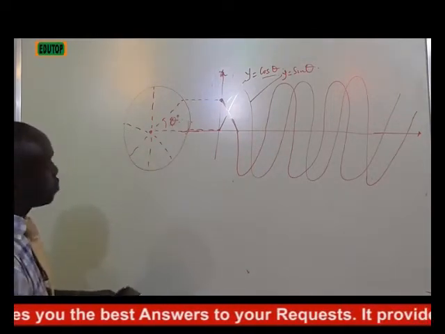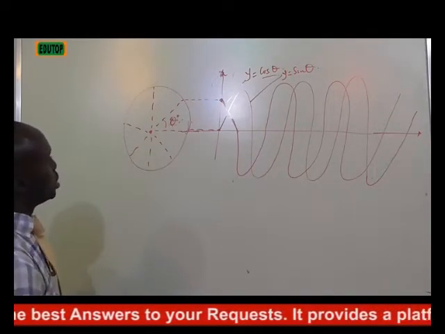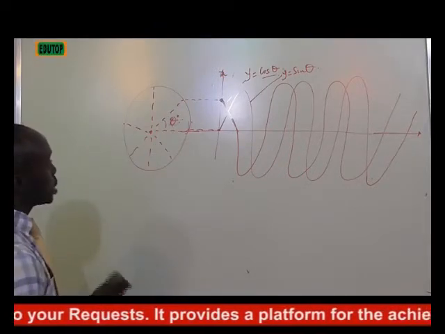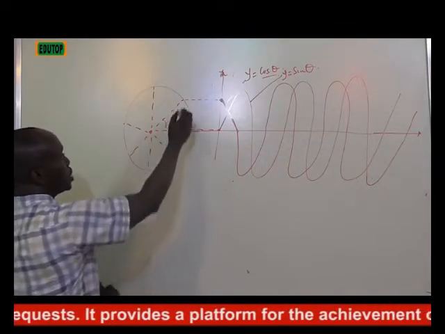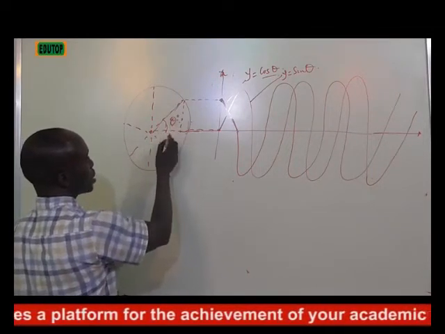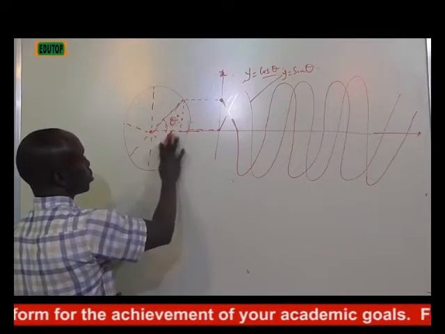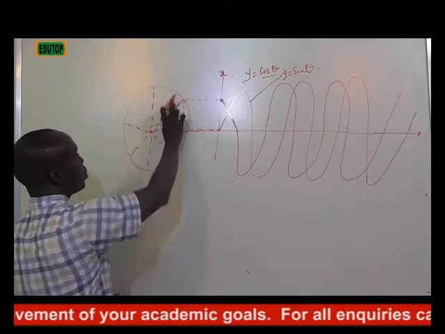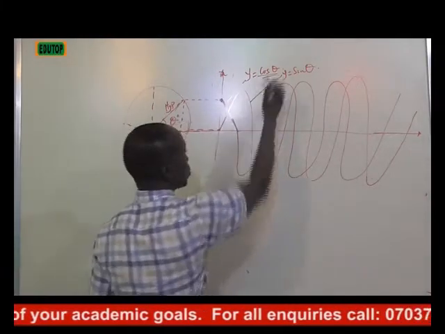This is the hypotenuse. You resolve it to this side, which is the adjacent side. So resolving hypotenuse and adjacent, you have your cos.